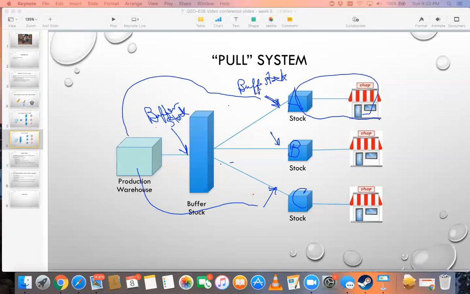So that would be 2 ways in which we can use buffer stocks in this pull system. One, by using principles of postponement, which allows us more flexibility by building a buffer stock that could supply all 3 up to a point that the modularity stops.